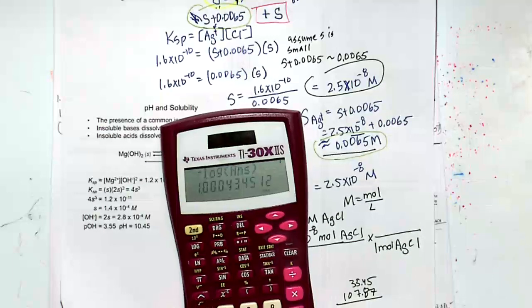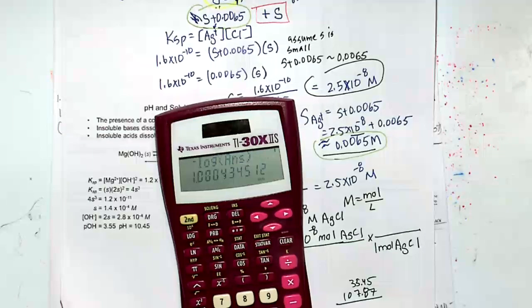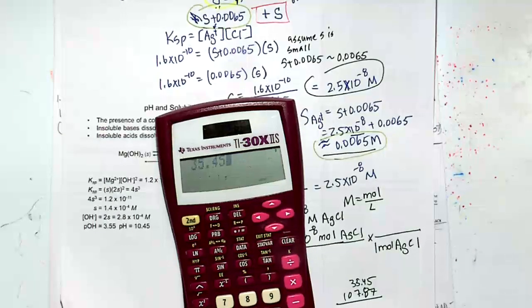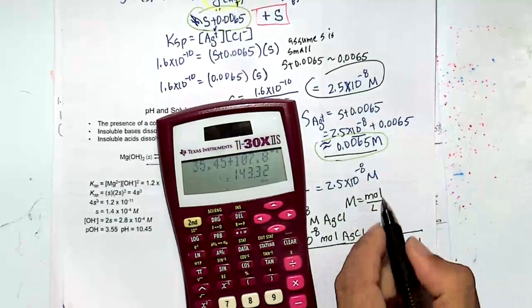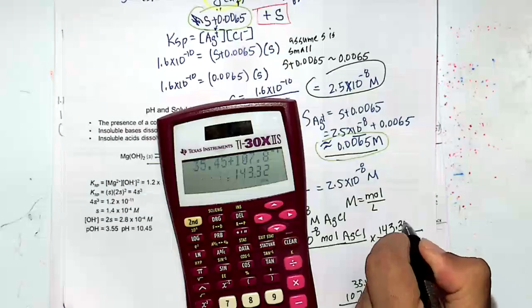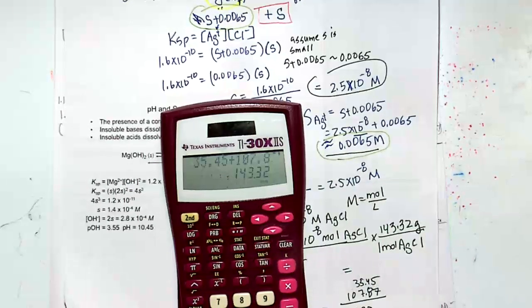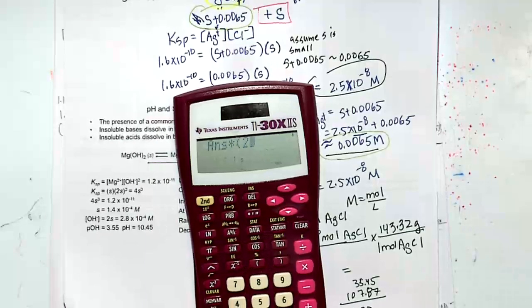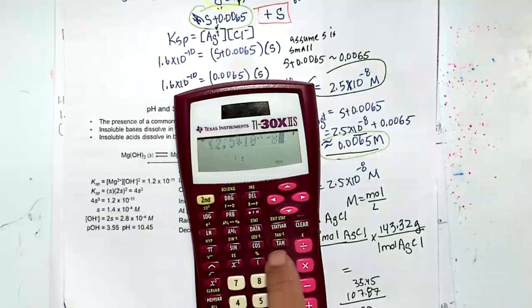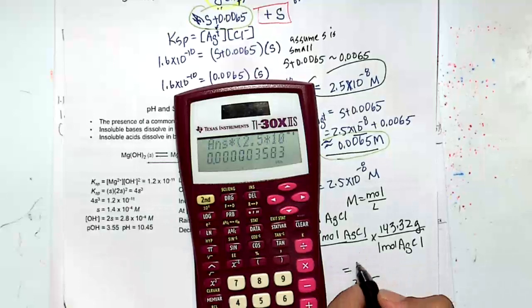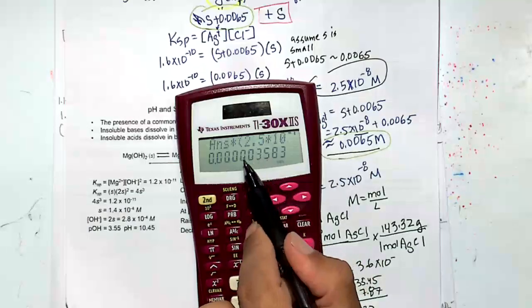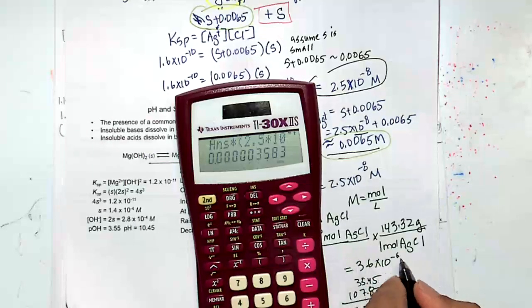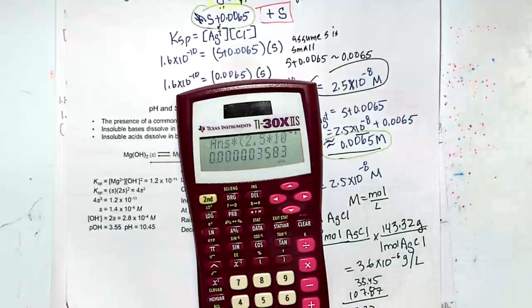We'll just go with our solubility in moles over a liter. And then this will be our final answer. In grams per liter, it's about 3.6 times 10 to the minus 6 grams over a liter.